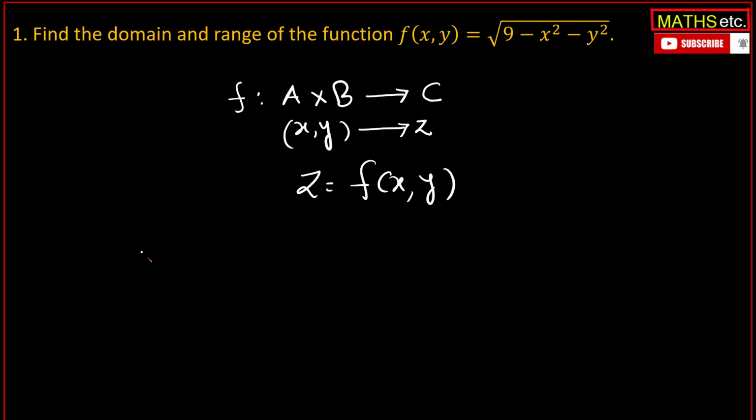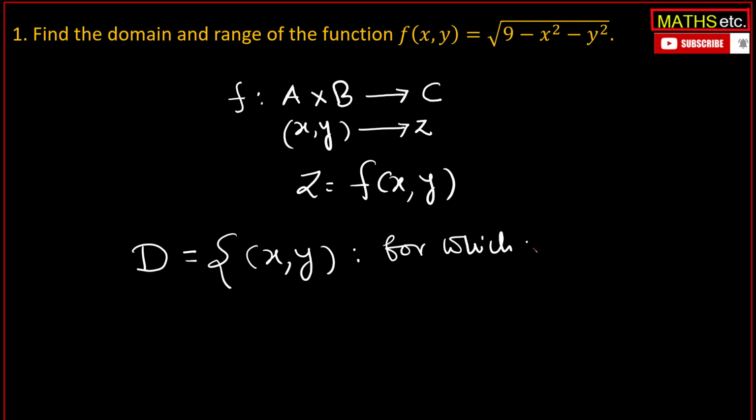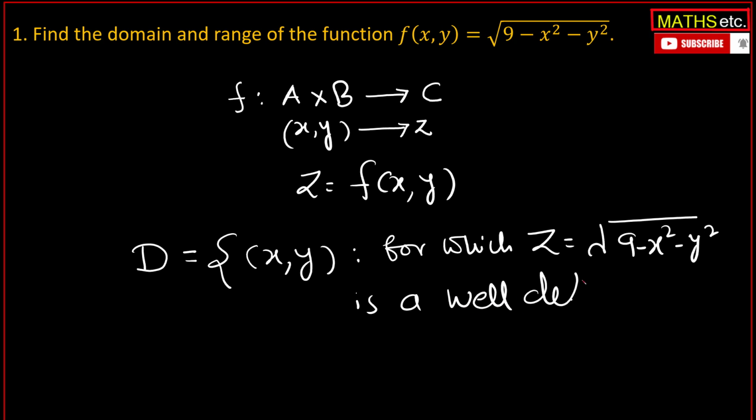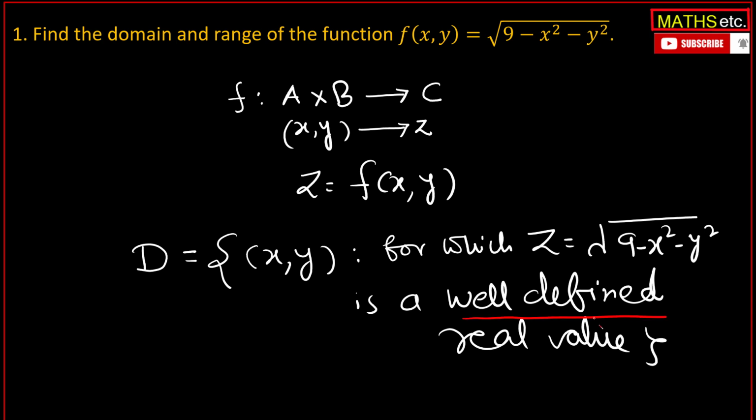The golden rule is this: suppose the domain is denoted by D, then the domain of the function is the collection of all ordered pairs (x, y) such that the expression, and the expression is the rule, in this case 9 minus square root of 9 minus x square minus y square, is a well-defined real value.